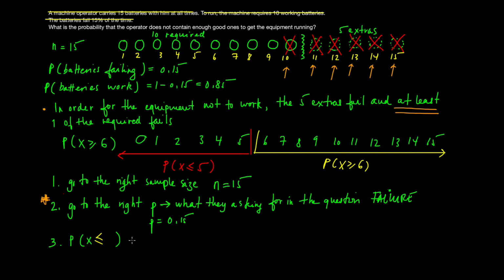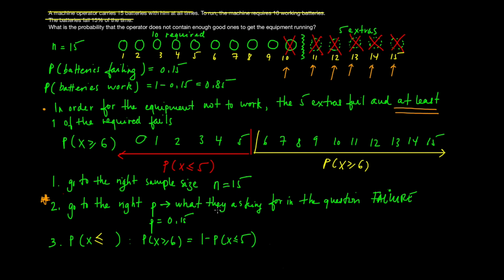Okay, so what do I have here? I'm looking for the probability of 6 or more batteries failing in order for the equipment to not work, which is equal to 1 minus the complement that we found right here. So P of X less than or equal to 5. Okay, so then what do I have in the table?